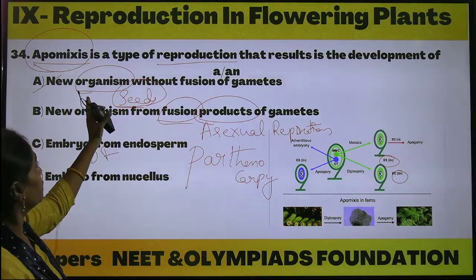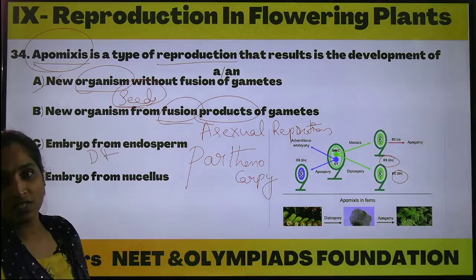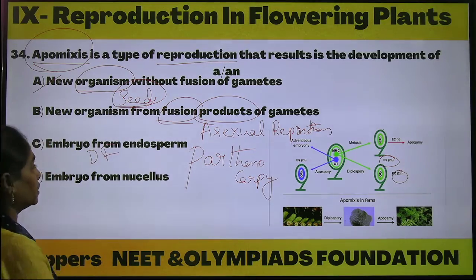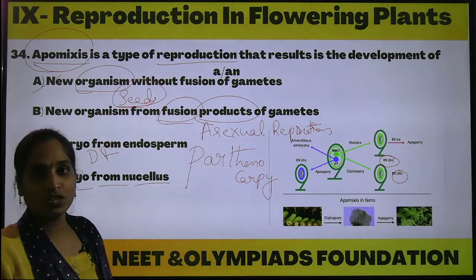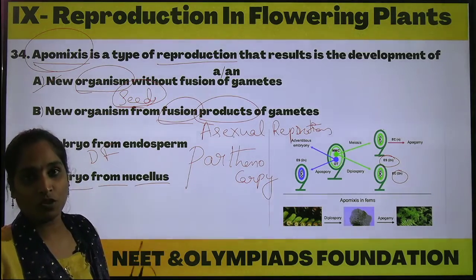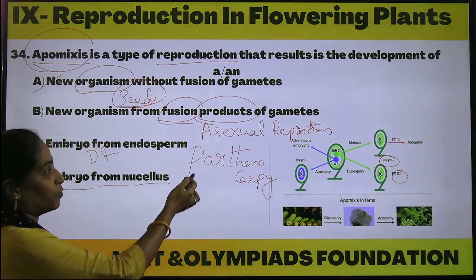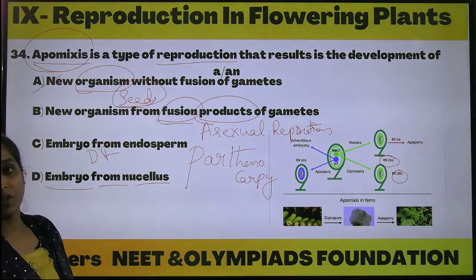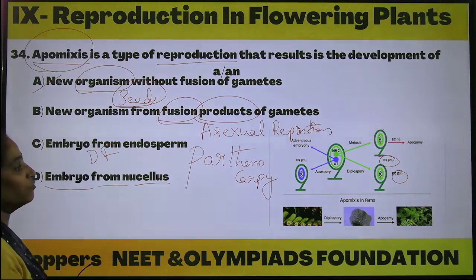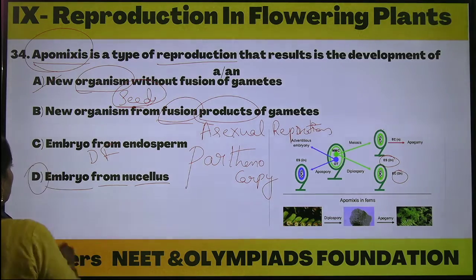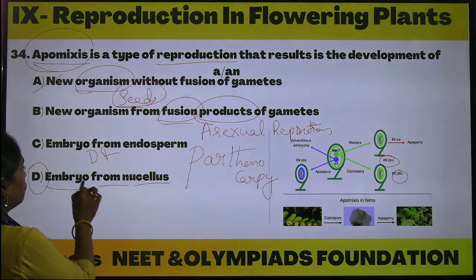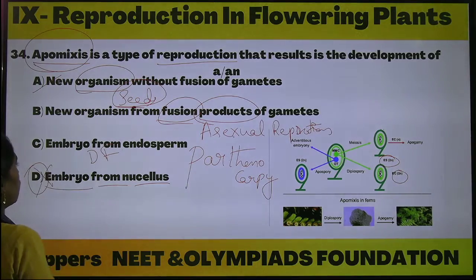Here the concept is no fusion process, but the organism is newly formed by itself. Embryo from the nucellus. What is the nucellus? It's one of the parts of an ovule which nourishes the endosperm and the zygote to develop into a complete fruit. Okay, so embryo from the nucellus is also the wrong option.